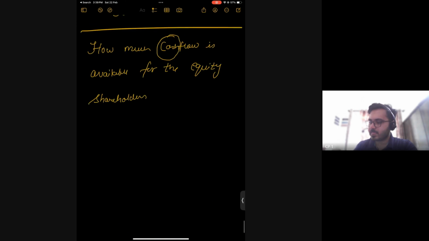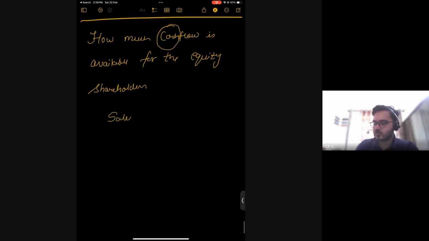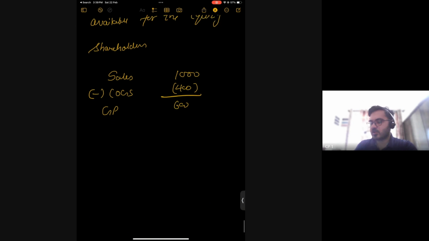Yeah, how much cash flow is available for the shareholders. So let's just see. Let's assume you have sales of 1000 less COGS of 400. Your gross margins or gross profit is 600.